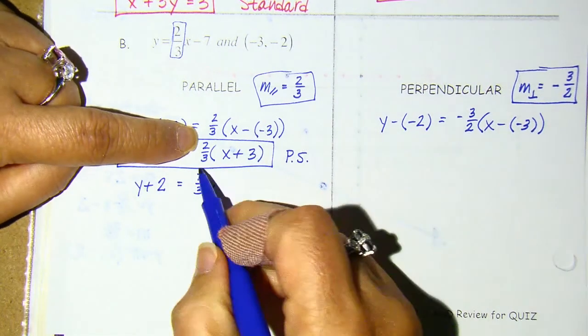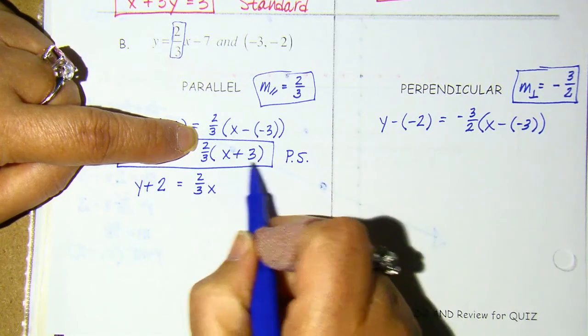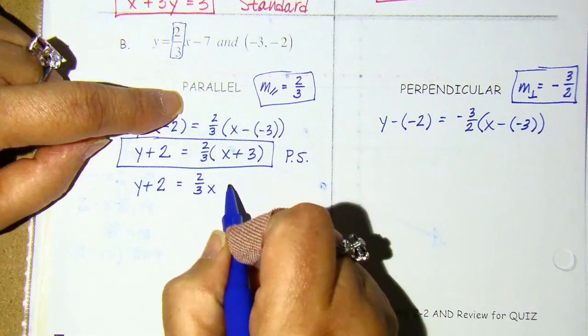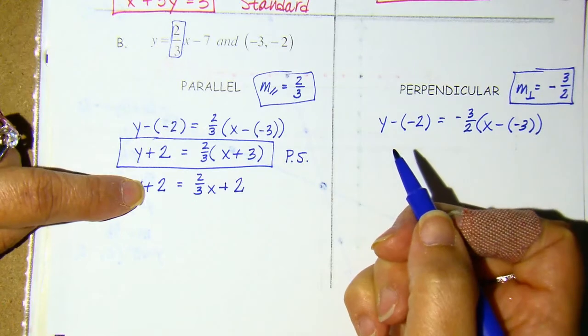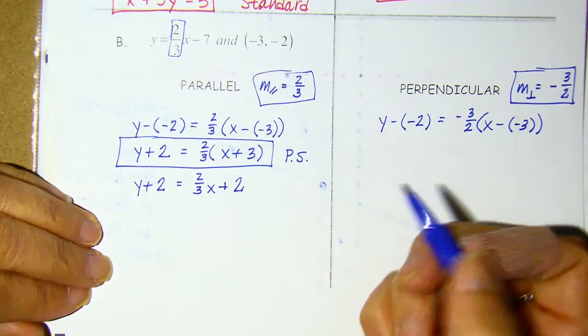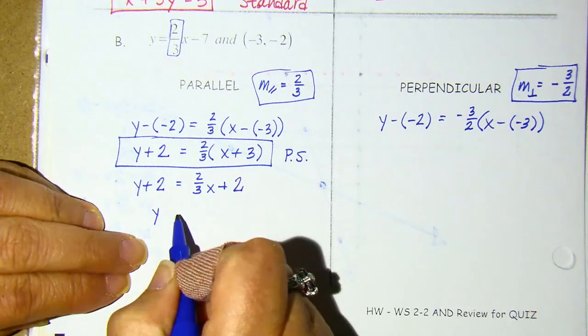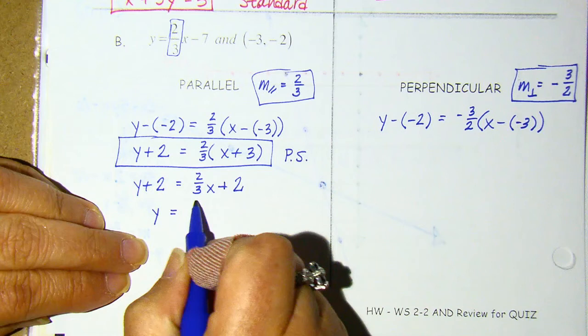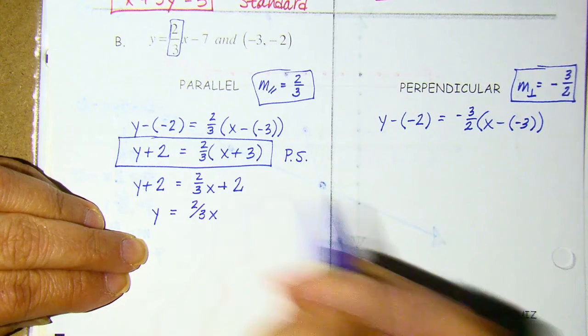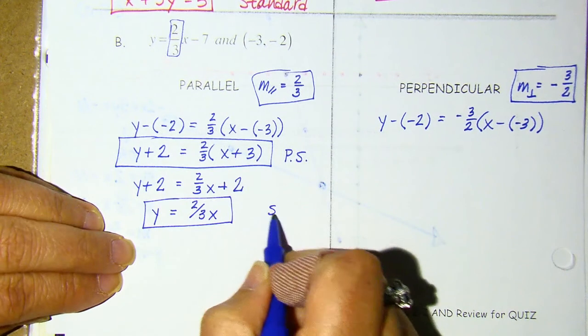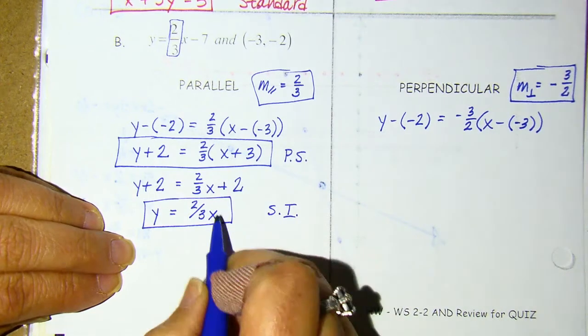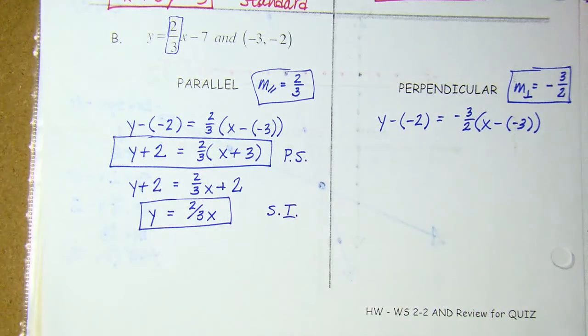This is 2/3 times 3 over 1. The 3's are going to divide out. This is plus 2. And then when I take this to the other side, guess what happens to the 2's? They go away. So what? The y-intercept is 0. Okay, so here's my y equals 2/3 x. That is my slope intercept, right? Because I could write a plus 0, so my y-intercept is 0.